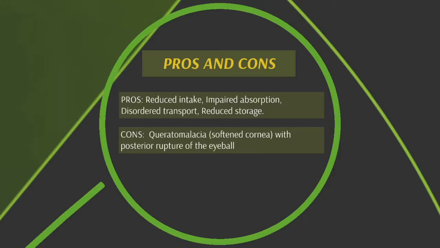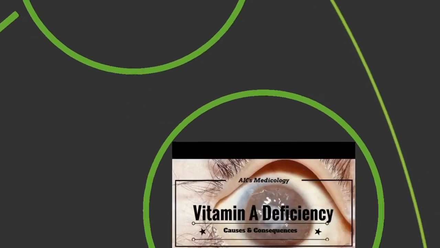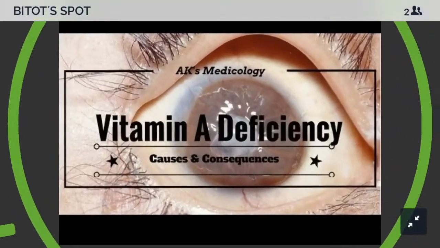The consequences of vitamin A deficiency are a range of ocular manifestations, known collectively as xerophthalmia, including night blindness, conjunctival and corneal xerosis, and keratomalacia, an important cause of preventable blindness.